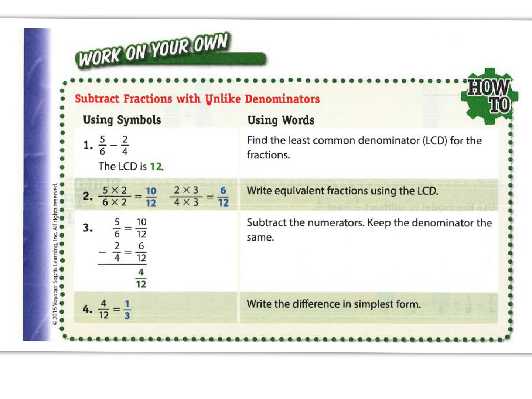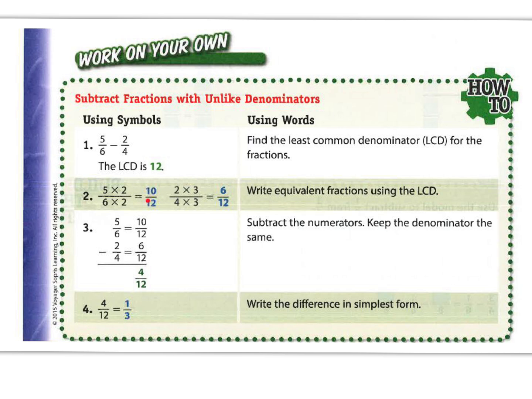Okay, so to subtract fractions with unlike denominators, if we have 5/6 minus 2/4, we find the least common denominator for the fractions. The least common denominator for 6 and 4 is 12. So you're going to change both of those fractions to have 12ths on the bottom, writing equivalent fractions using the lowest common denominator.